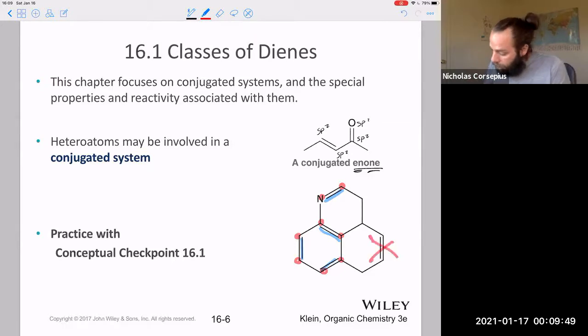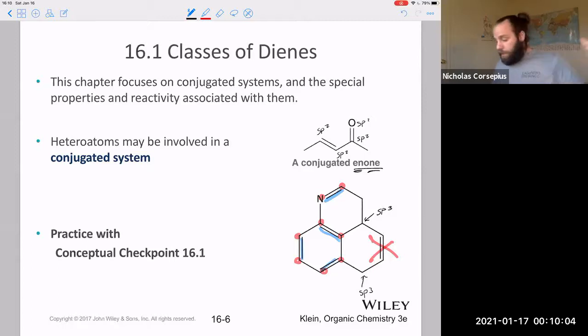This guy over here, though, is not. This is going to be an isolated pi bond. He's over there. He can't talk to anybody else because they have these sp3 hybridized atoms messing up that conjugation.